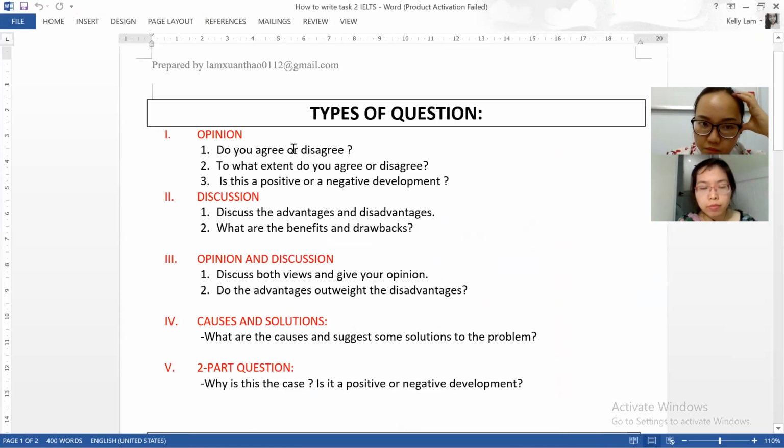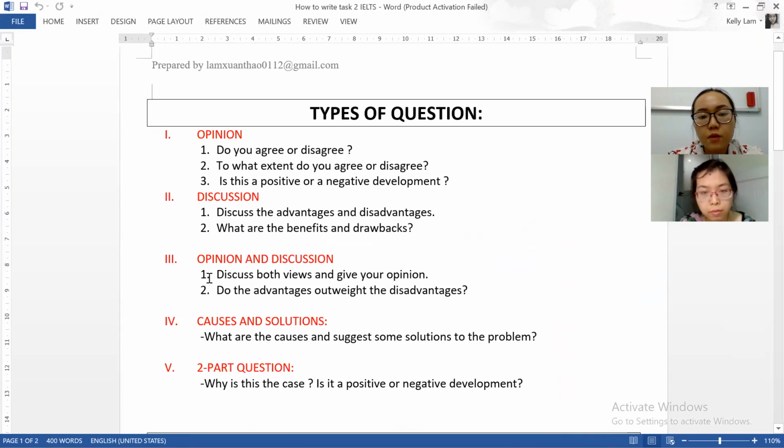And then we will have a discussion. They will give you a phenomenon, a situation, and then they will ask you to tell about the advantages or disadvantages of the situation. Or they can also ask, what are the benefits or drawbacks? Same thing. And the third type is they ask for both opinion and discussion.